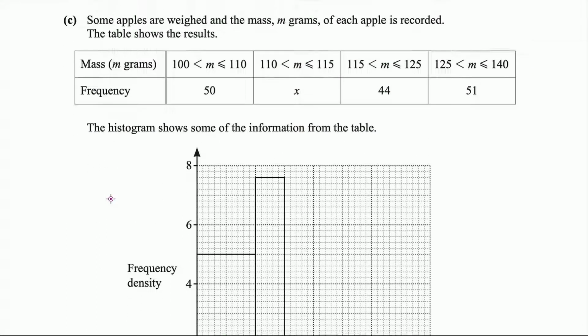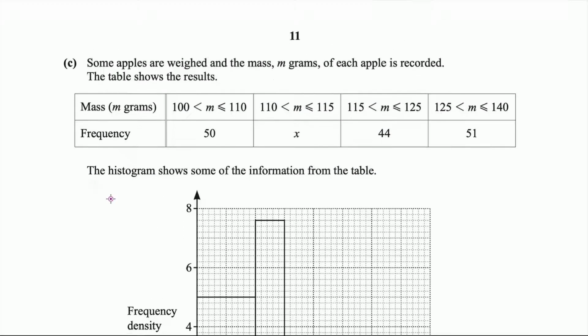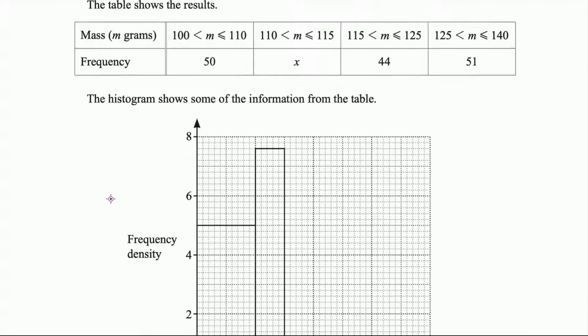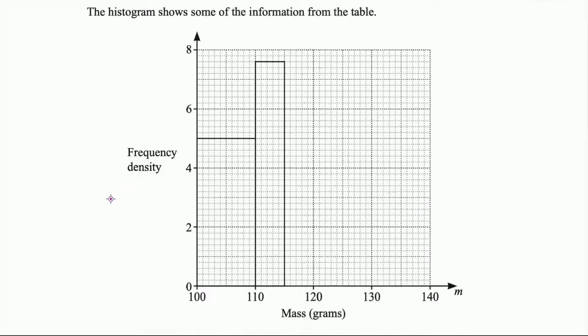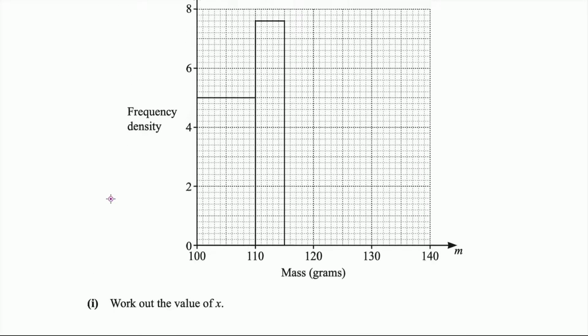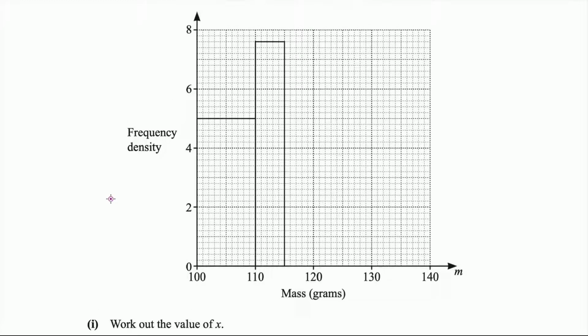Now there is this question: some apples are weighed and the mass m grams of each apple is recorded. The table shows the results, and we have the table and a histogram here. The histogram is not completely done. Work out the value of x.